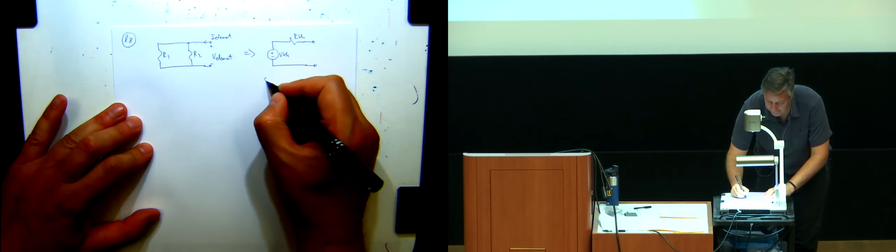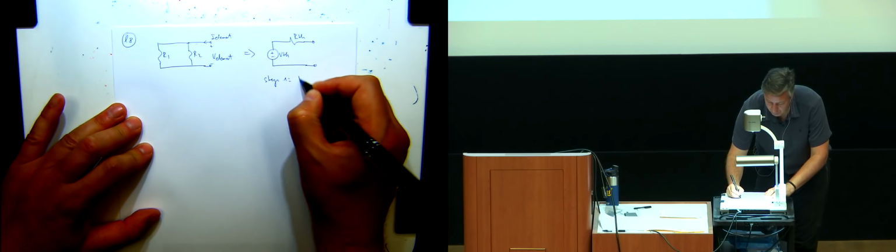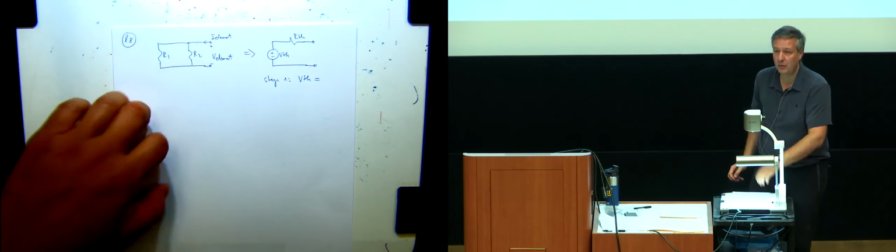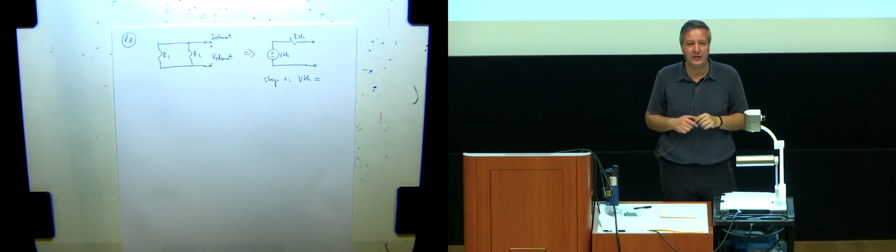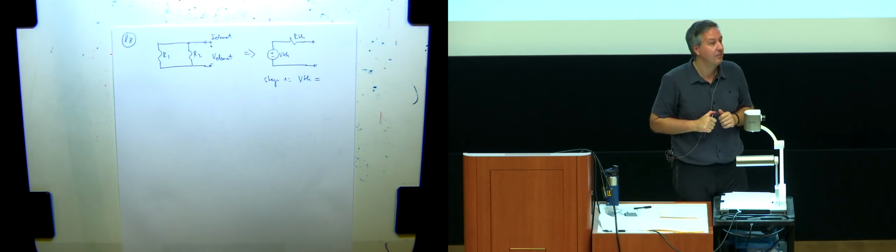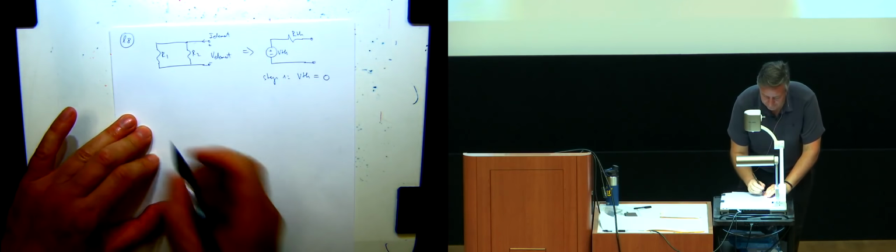Okay? Step 1 is trivial. What is Thevenin? Again, no sources in the circuit. So, 0. Right, great.